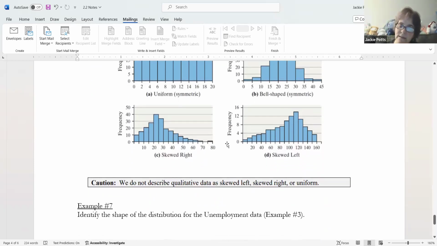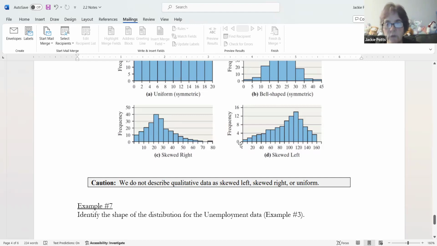Sadly, this is more of the stuff that we kind of see. We get skewing. Now, how can you tell which way something is skewed? It's by which way the tail goes. Which side is drug out? So you notice it humps on the left, but we have a long tail going to the right. This is skewed right. This one, the long tail is going to the left, so it is skewed left.